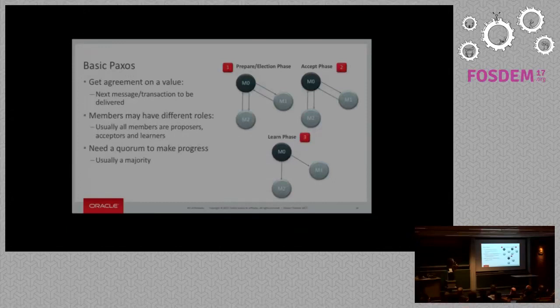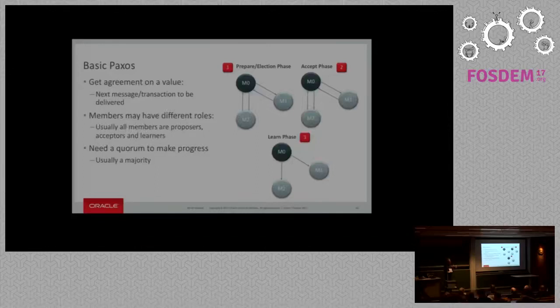We have nodes that have roles in the protocol. These roles are proposers, acceptors, and learners. You have phases, and I'll explain each phase individually. And usually all the nodes have the same roles. They are all proposers, acceptors, and learners.